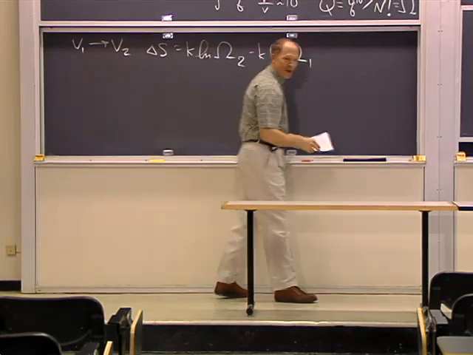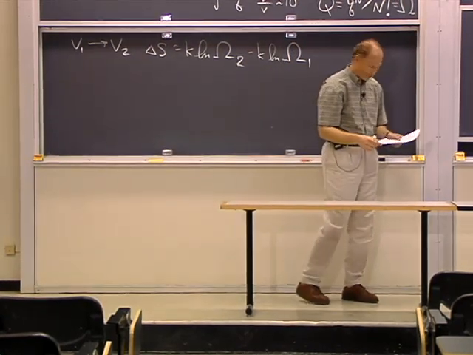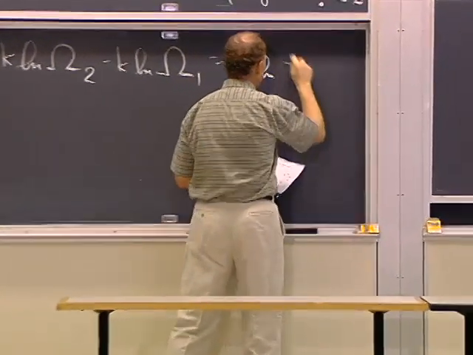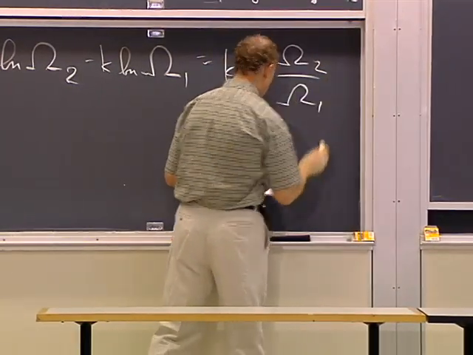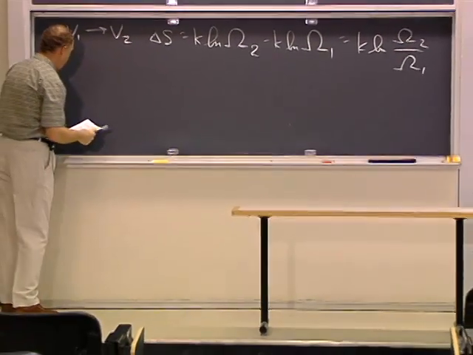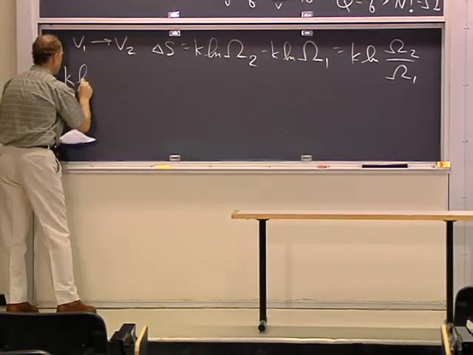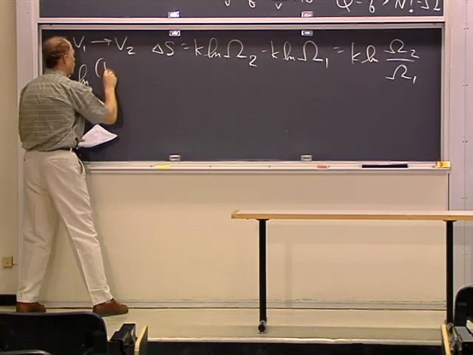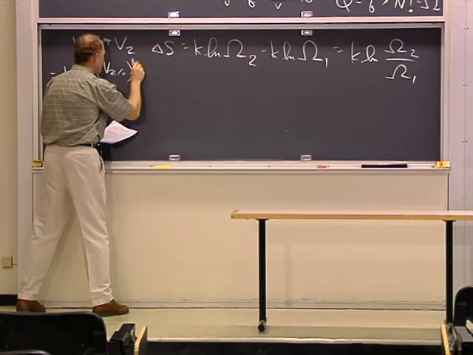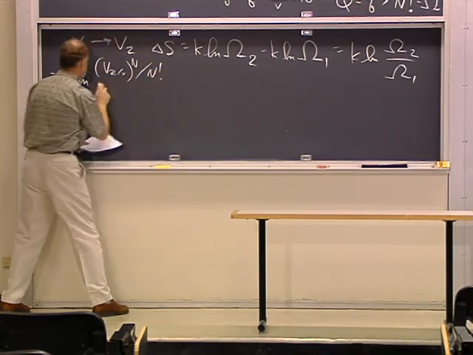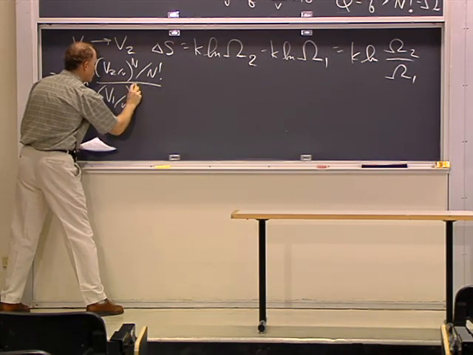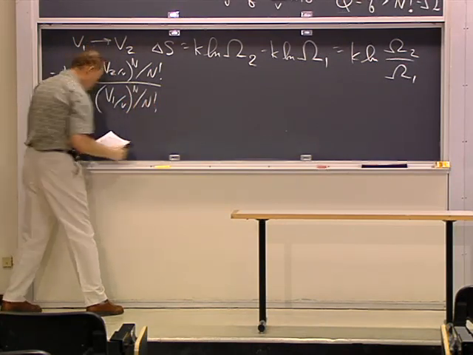So this is our change in entropy when we just have this expansion of gas from V1 to V2. So it's just k log omega 2 over omega 1. Now let's put in our results for the volumes. It's k log of V2 over V to the N over N factorial, over V1 over V to the N divided by N factorial.